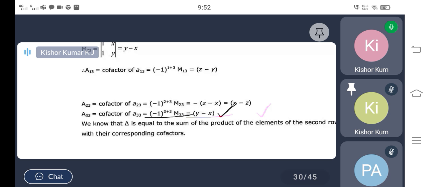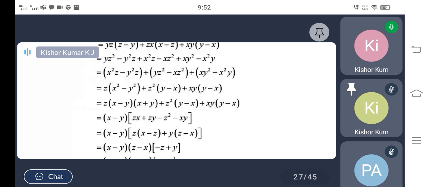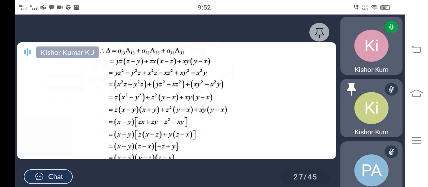And after getting the cofactors, we know that the determinant delta is always equal to the sum of the products of the elements of the second row with their corresponding cofactors. So here you can observe, I have taken the equation as it is, and I will substitute whatever values we have there.